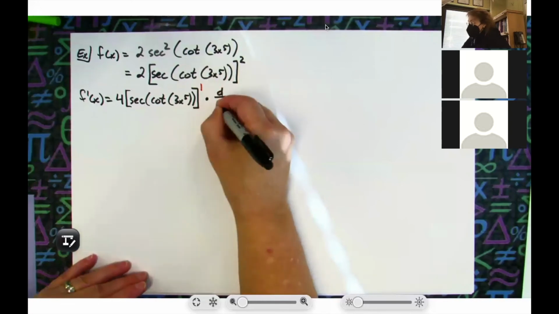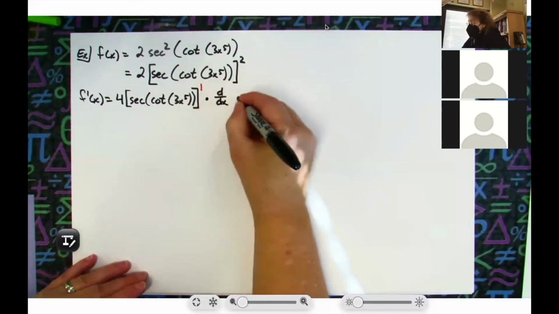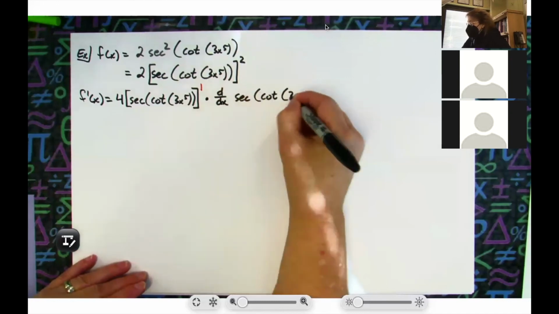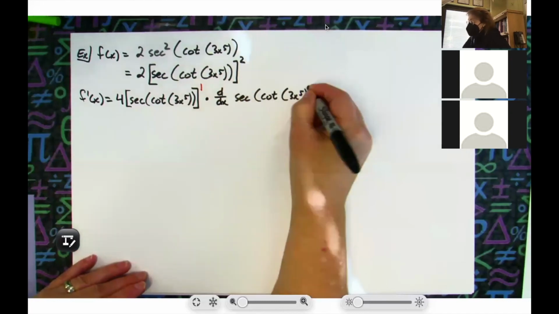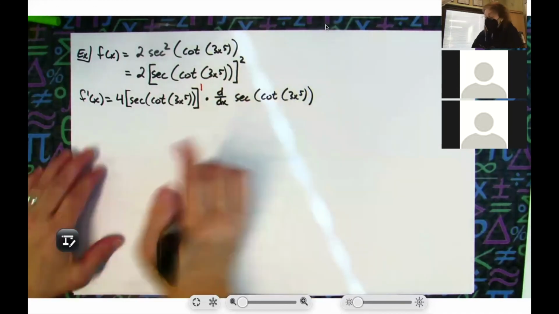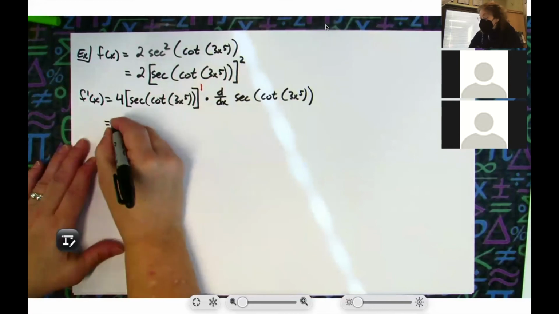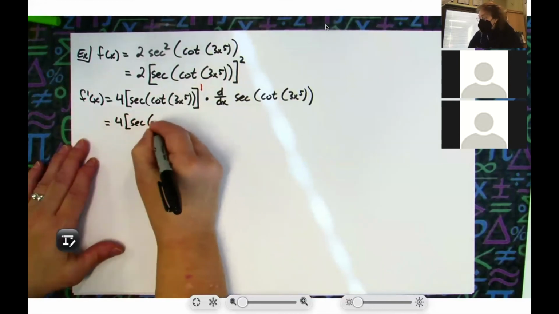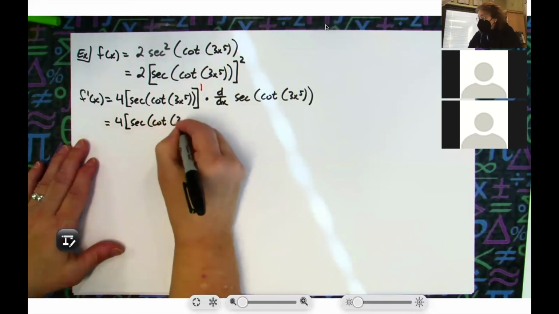So d/dx of the secant cotangent 3x to the fifth. The derivative of all of that. All right, which means more chains. Okay, so the 4 square bracket secant cotangent 3x to the fifth stays put.